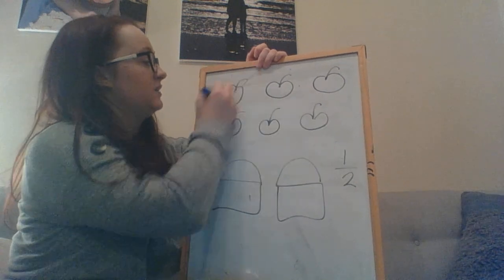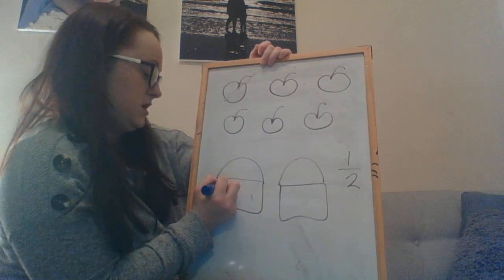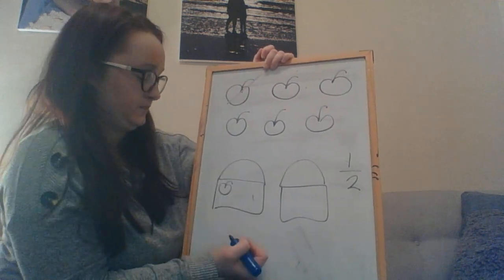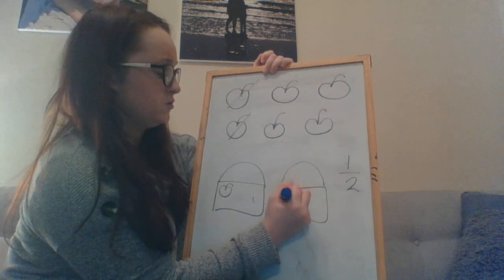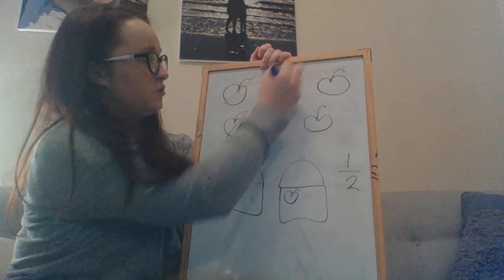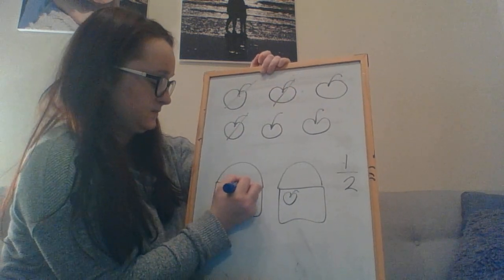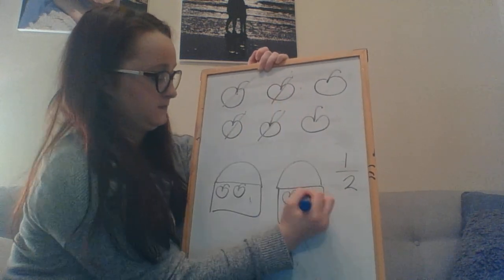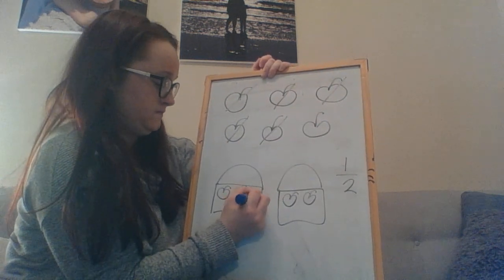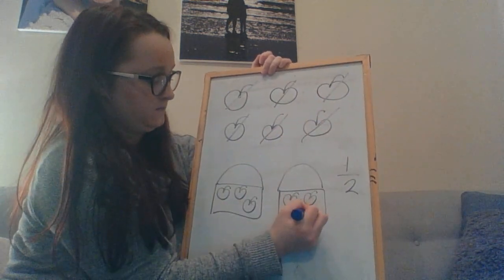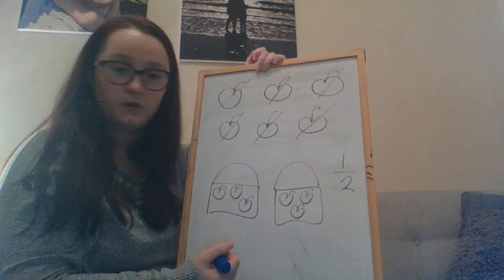So I'm going to take this one, and I've got 1 apple, and I'm going to put it here. Now I'm going to get this apple, and I'm going to put it here, and I'm going to carry on doing this. There we go.